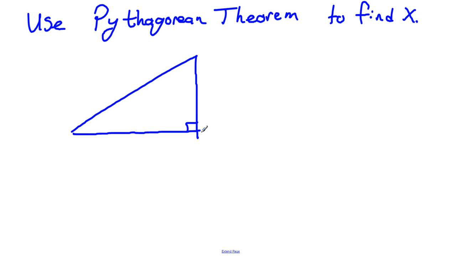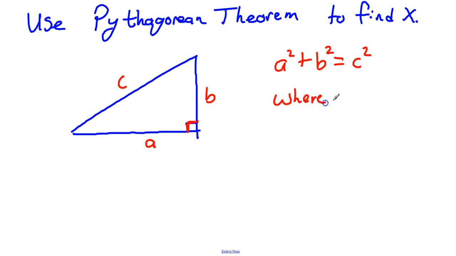Okay, before we give you numbers, let's go back and make sure you remember what the Pythagorean theorem was. It was basically the part that said if you have a right triangle, whatever's connected by your right angle, those two sides are going to be A and B, where A and B are your two shortest sides. The side that doesn't touch the right angle, that's going to be C. And the formula to use the Pythagorean theorem is a squared plus b squared equals c squared.